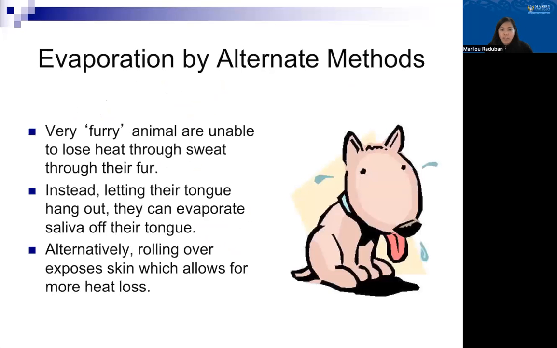So evaporation is a mechanism of cooling the body by losing heat, and the heat lost goes into evaporating the sweat. So some animals are not able to sweat, okay?